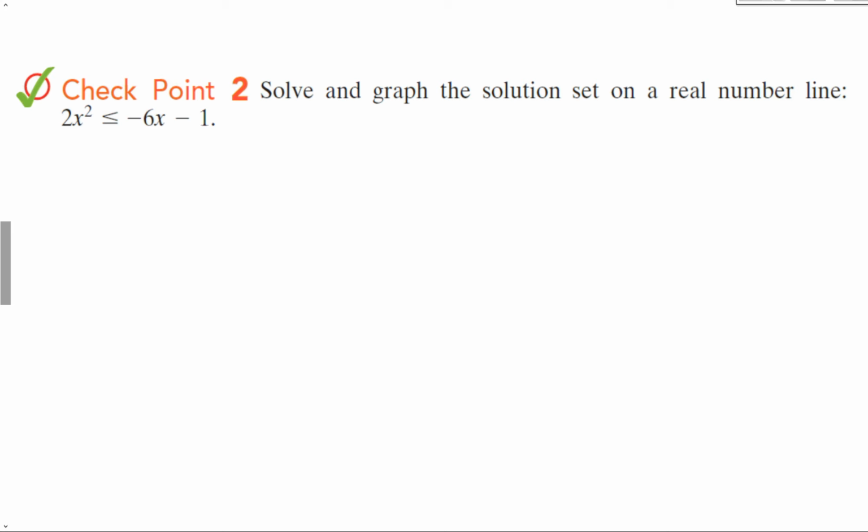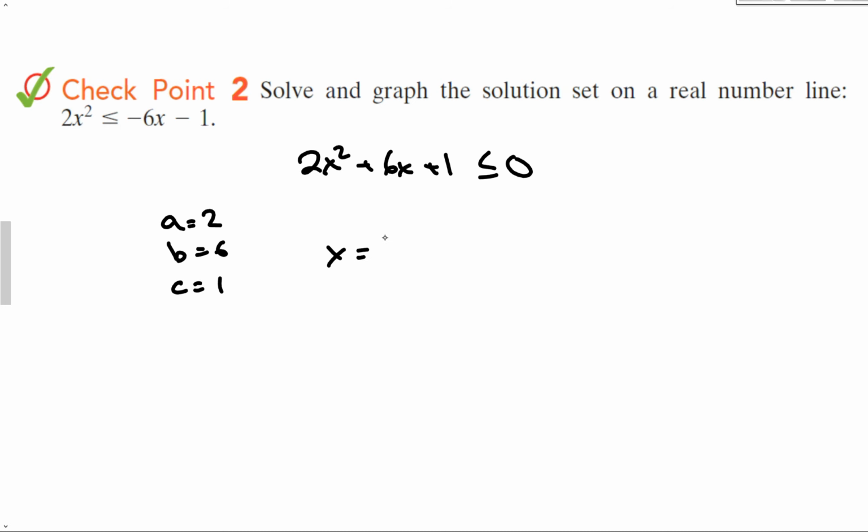Let's try another one. Again, here's the start. 2x squared plus 6x plus 1 is less than or equal to 0. I try to factor. It doesn't factor, which means I have to use the quadratic formula. So that would give me a is 2, b is 6, c is positive 1.